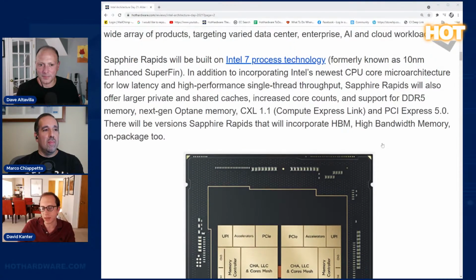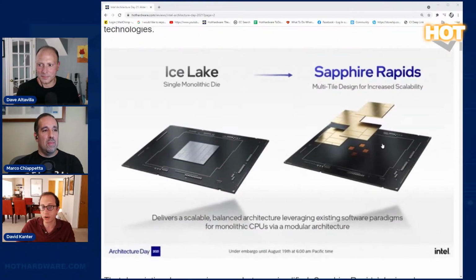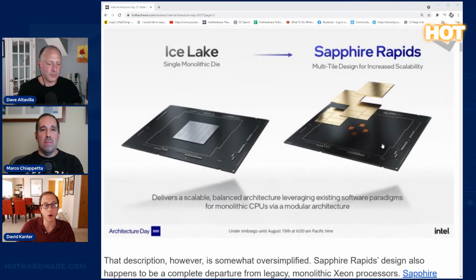But to me, I think the big thing here is this is the first time that EMIB's going into high volume production, right? And this is, again, getting back to the physicality. Sapphire Rapids doesn't earn all of the data center group's revenue, but it's the vast majority of it.